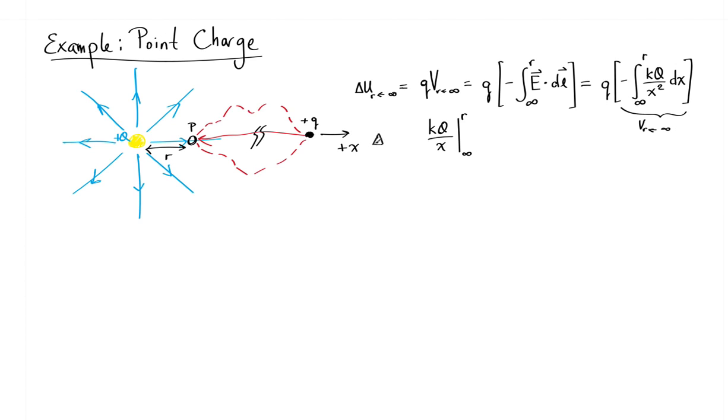So delta U from infinity to r is equal to little q times this, which is written as V going from infinity to r. So it's going to be q times just kQ over r, because I have kQ over r minus kQ over infinity, and that's basically just 0.